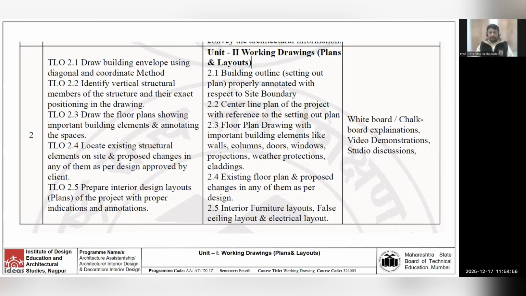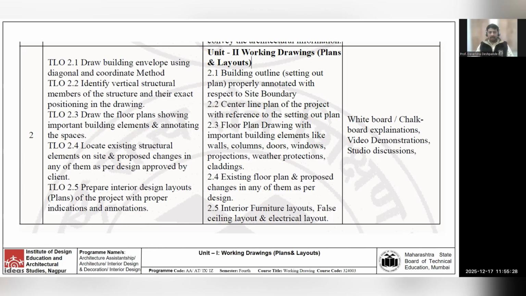To this point, we should have clarity regarding how the layout of the internal spaces is going to be, the locations of walls and openings with respect to furniture. That has to be worked out first, and only upon that can we place the structural system and work out these details as specified in TLO 2.1 and 2.2.